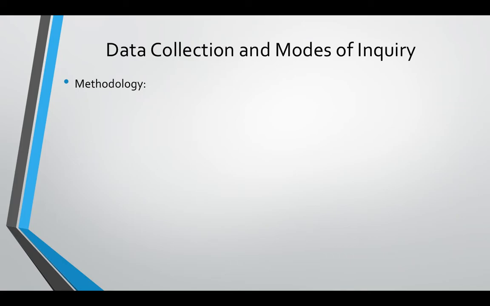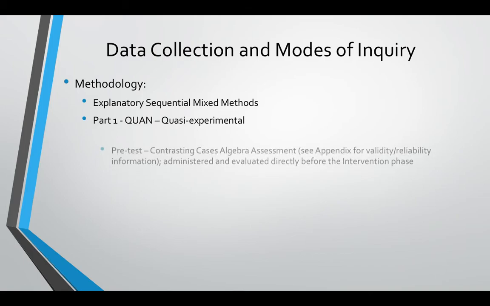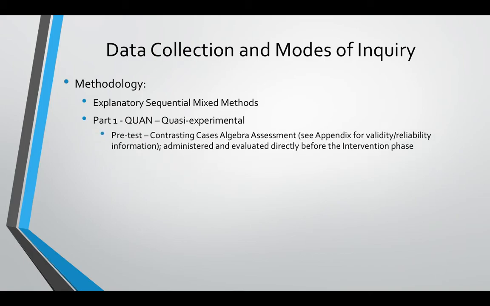Returning to my methodology in greater detail, as I said before, I'm going to be using an explanatory sequential mixed methods approach, with the first part being quasi-experimental as I go after my quantitative data. And here is what it will look like. There will be a pre-test, which is the contrasting cases algebra assessment made by the folks at Harvard University.